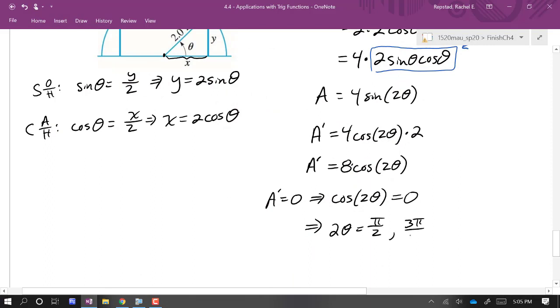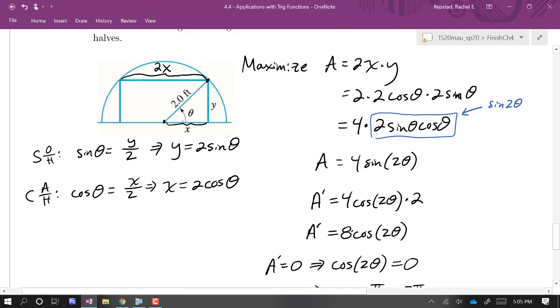Now I just want to talk a little bit about the range of values that we're considering for theta. Up here, theta clearly can only go from 0 to pi, from 0 to 180, one half revolution. Our function has 2 theta as an argument, so if theta goes from 0 to pi, 2 theta goes one full time around the circle.